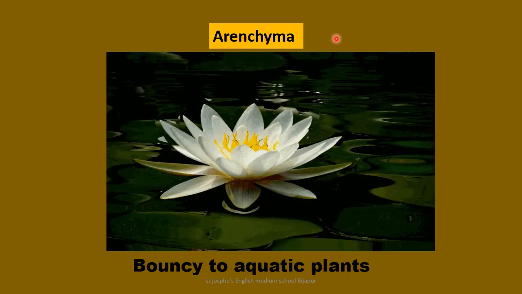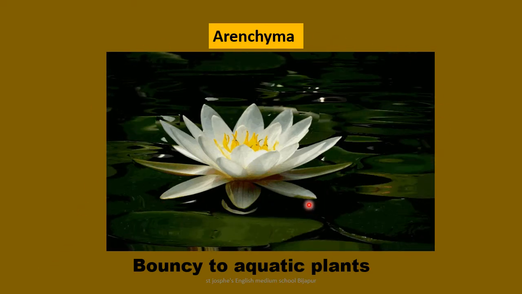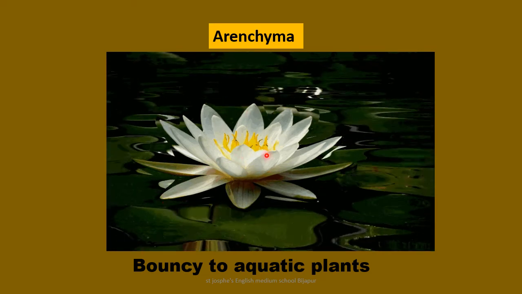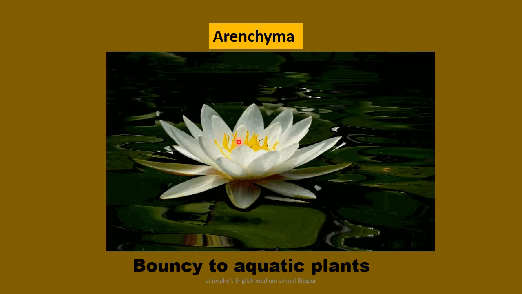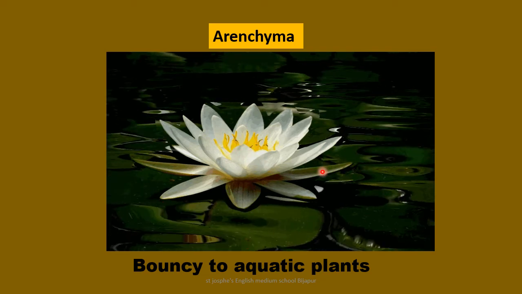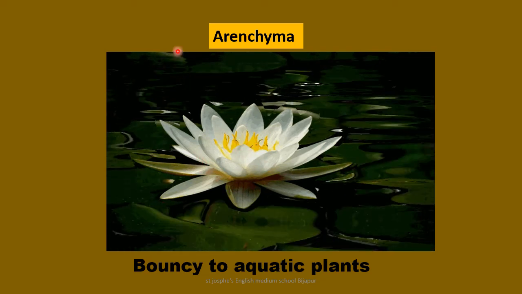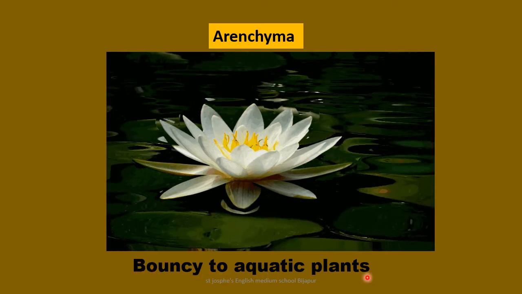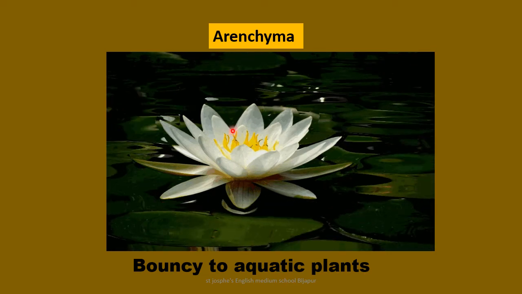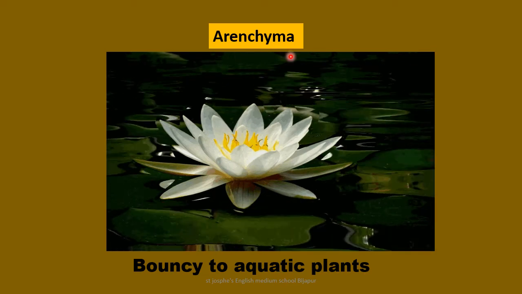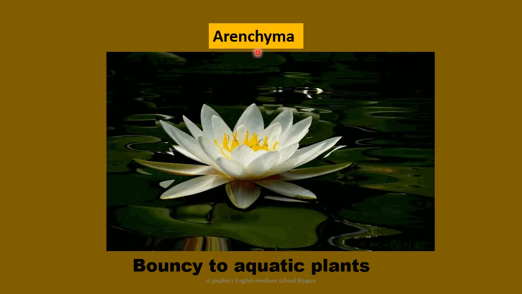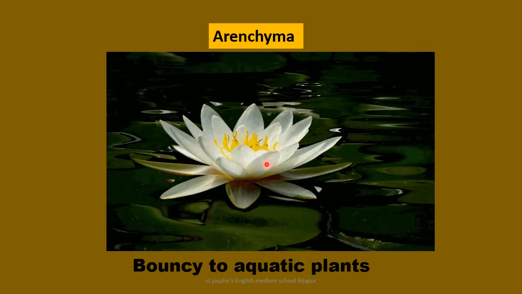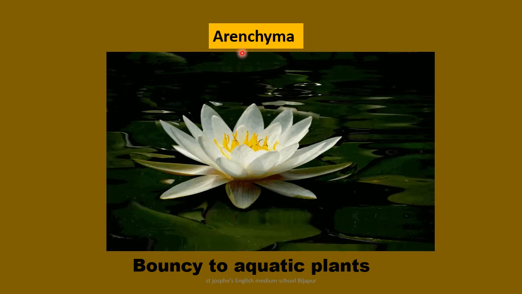You can see in this graphic representation of a lotus plant, it is floating on the surface of the water. Here these parenchyma cells provide buoyancy to aquatic plants. So this is due to the aerenchyma. And why is it called aerenchyma? When the parenchyma cells have large air spaces between them, we call it aerenchyma.